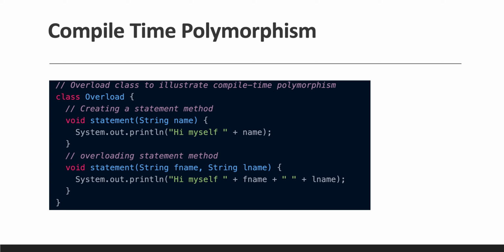So what is method overloading? The basic definition of method overloading is when we define more than one method with the same name but with different arguments. If you see this class, we have defined two methods with the same name, statement, but if you see the arguments, one has a string name and the other has string fName and string lName. So the names of these two methods are the same, but the arguments are different, and both are defined in a single class.